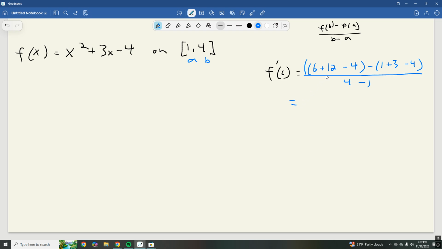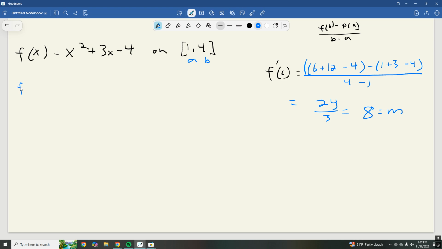This is going to basically equal 16 plus 12 is 28, minus 4 is 24, minus 0, so 24 over 3, which is 8. So our slope is 8, and so is our f derivative of c.